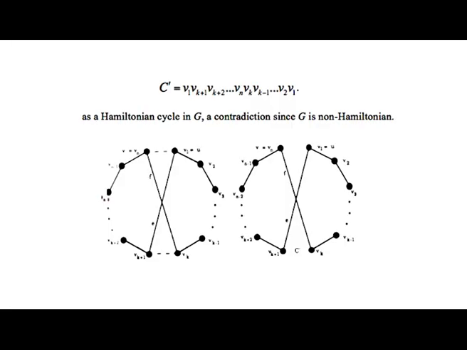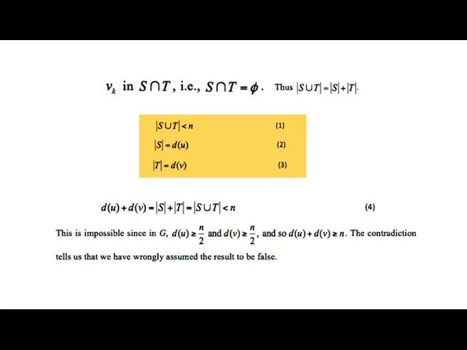This would give C' equal to v1, vk+1, vk+2, etc., vn, vk, vk-1, etc., v2, v1 as a Hamiltonian cycle in G, a contradiction since G is non-Hamiltonian. This shows that there is no vertex vk in S intersection T, that is, S intersection T is empty.